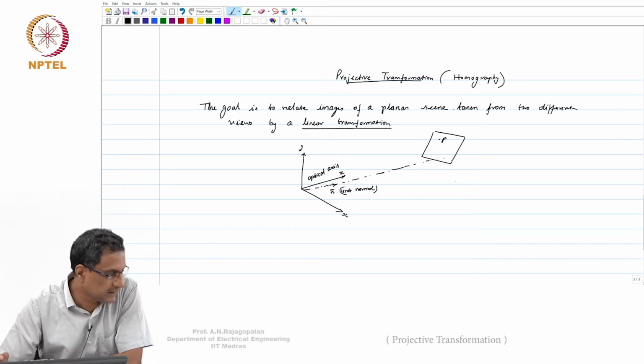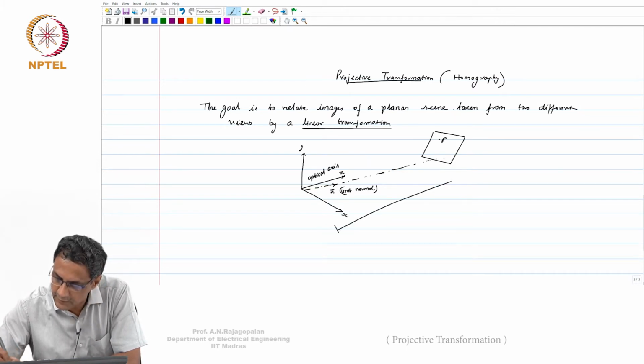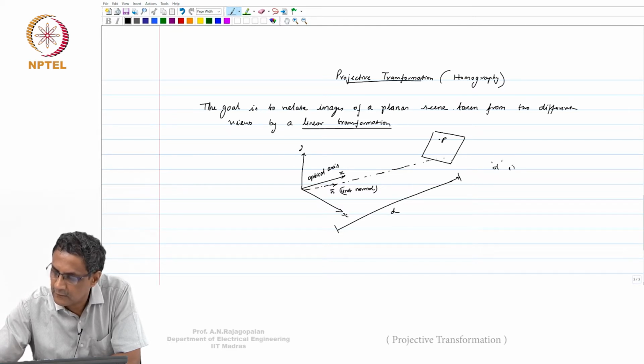Now d is from here to here. That's my d, and d really is the perpendicular distance of the plane from the camera center.